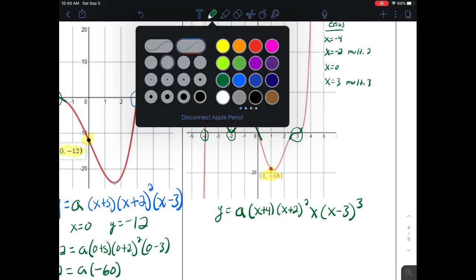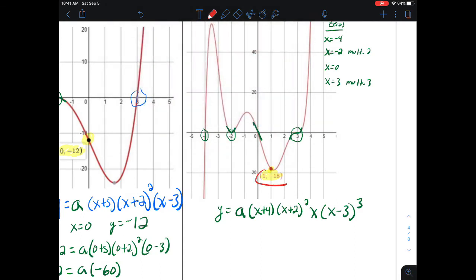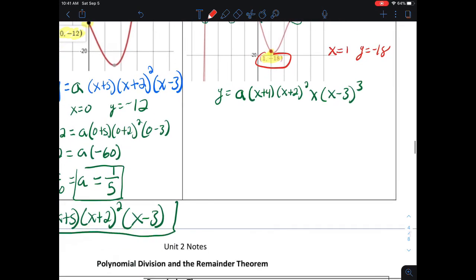Now, this point tells us that when you put in 1 for x, y must equal negative 18. This is how we solve for a. So we'll say negative 18 equals a times, and I go put in 1 for my x's.